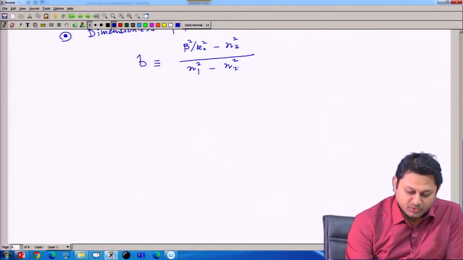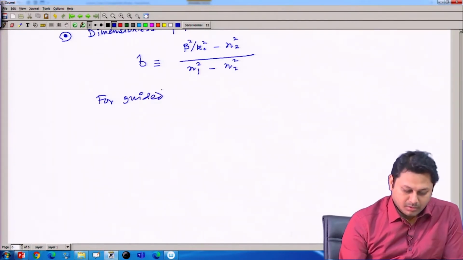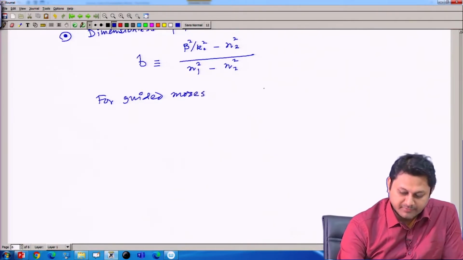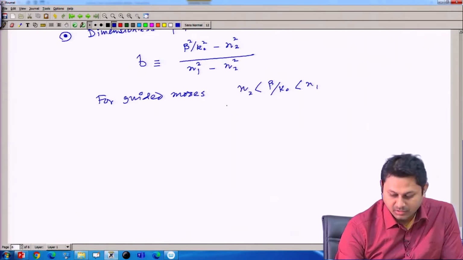And now, we know for guided modes we have a restriction over beta. So, beta divided by k0 is less than n1 and greater than n2. This is the restriction we have.